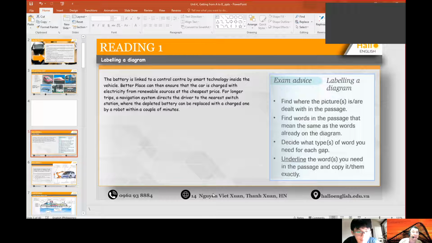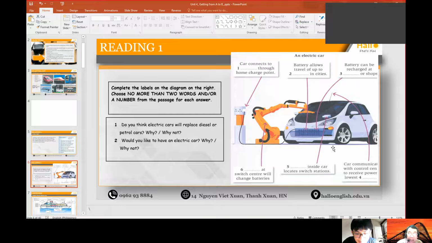Navigational system. Yes. So it's the navigation system, because if you use this one, it can navigate the way where you're going to go. So the navigation system inside car locates switch stations.